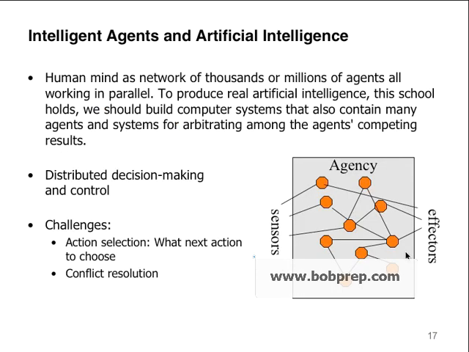But agents, in terms of the intelligence in the artificial environment, are human minds as networks, if you think of the concept, with thousands of millions of agents working in parallel. So in our human mind, we have an agent. If you wanted to take the human brain and divide it out per agent, which you can't normally do with everything, and you can't normally do it with a human either. I have an agent that tells me when I have to go to the bathroom.